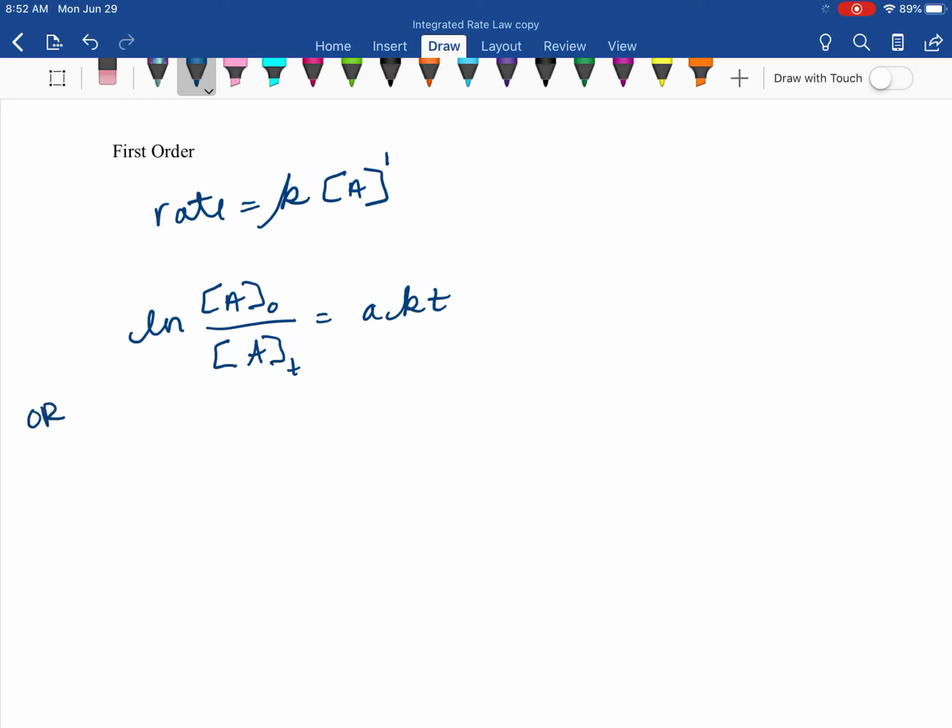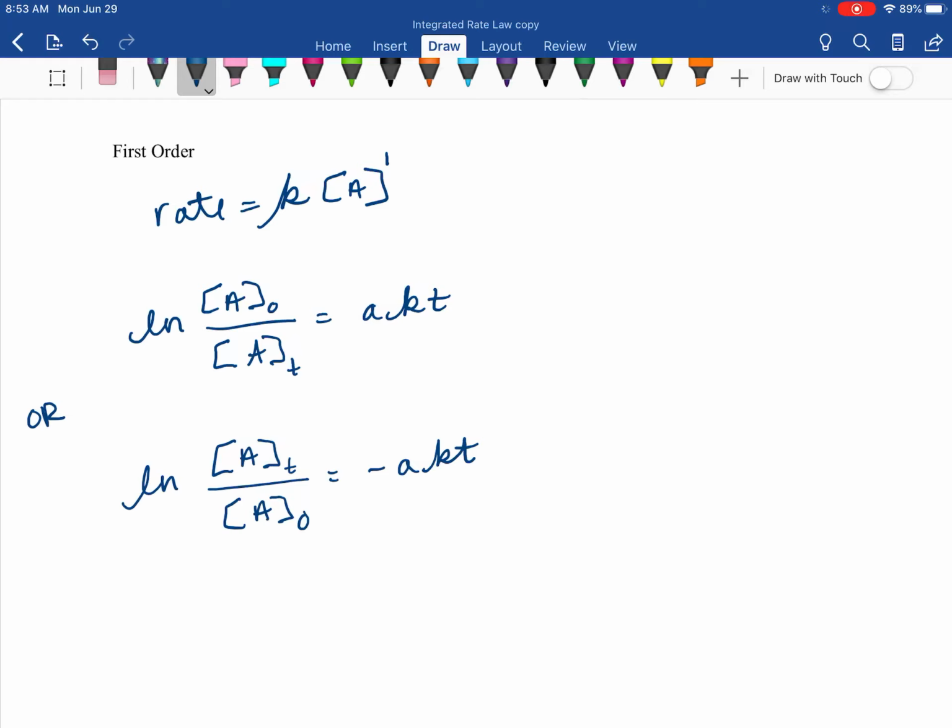We can also have, with our natural logs, if these are flipped, so again, in any given textbook that you're looking those up, you're going to find one or the other. They're both the same. It just depends what you're solving for and how you feel like solving for that.